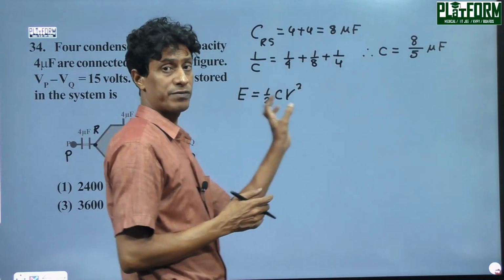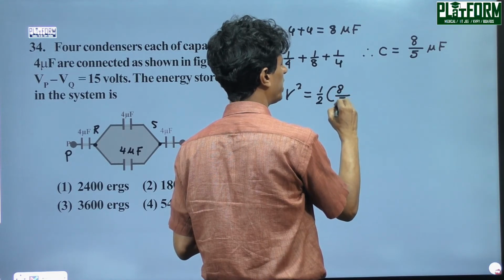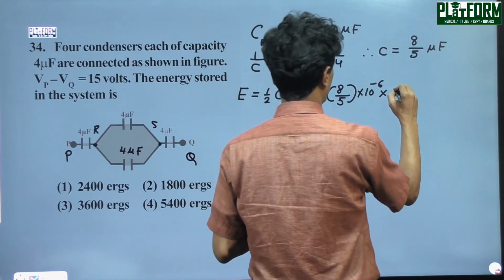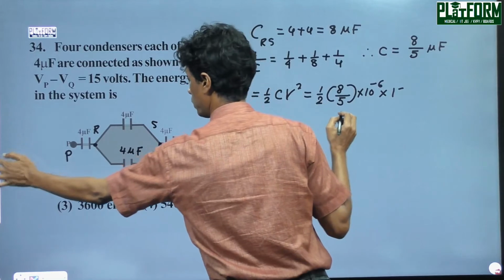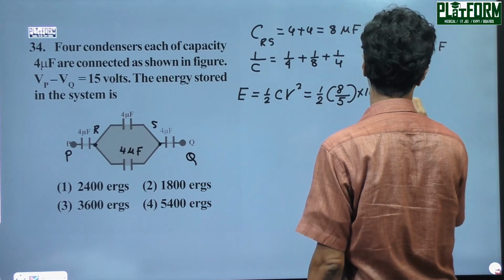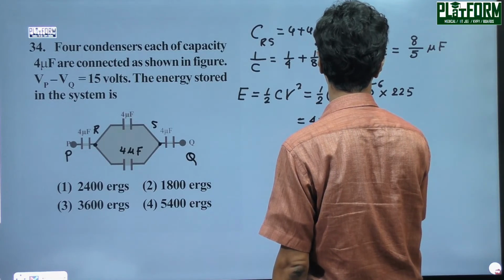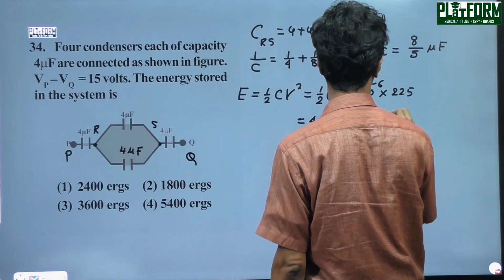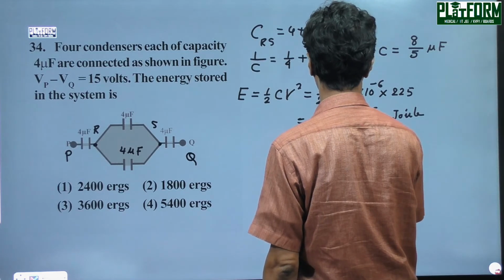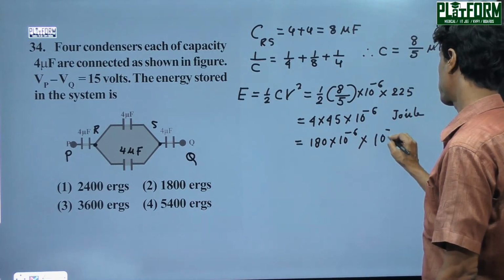The formula is half C V square, so it is half into 8 by 5 into 10 to the power minus 6 into 15 square. 15 square is equal to 225, and it is 4 into 4, 5 into 10 to the power minus 6 joule, and 180 into 10 to the power minus 6.